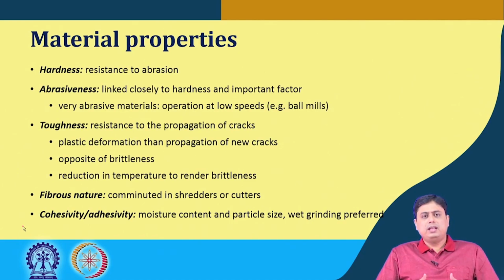If the material is fibrous in nature, then it can be comminuted in shredders or cutters, not in usual grinders or crushers, because of its fibrous nature. If the material exhibits cohesiveness or adhesivity, cohesiveness is the attraction between the same type of particles, and adhesion is the attraction between different surfaces, say the equipment surface and the particles.